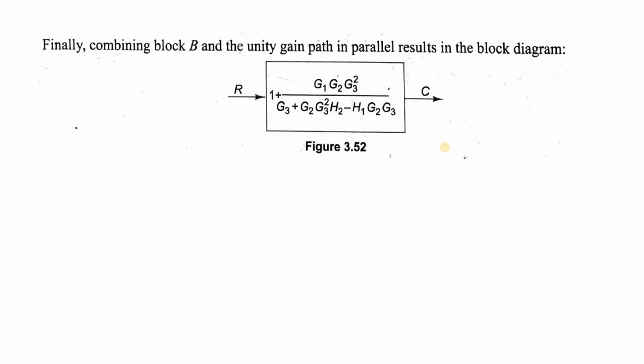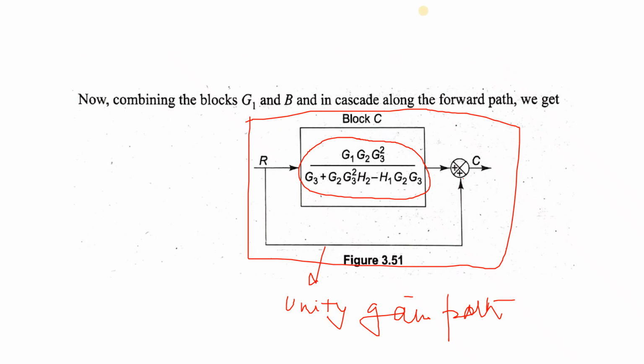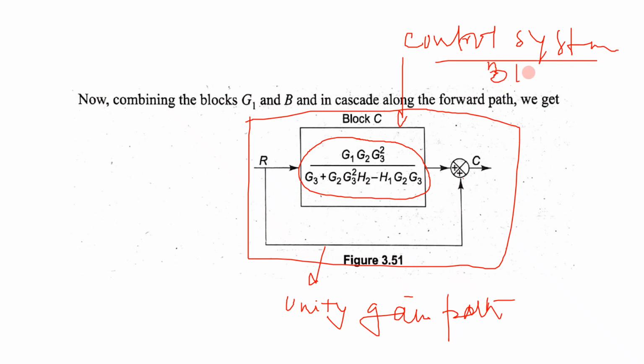But the entire thing, if you find the overall closed loop transfer function, this overall transfer function is the entire control system block.